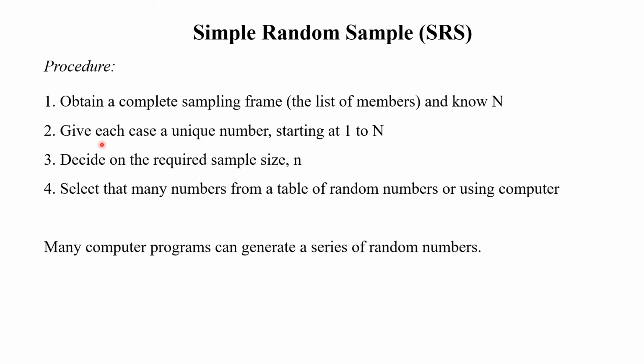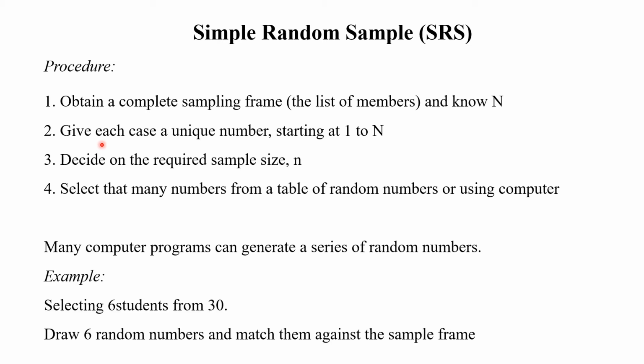We're going to use Excel to generate random numbers. Example, you want to select 6 students from 30. That means first draw 6 numbers from the 30 and match them against a sample frame, which is the class list.